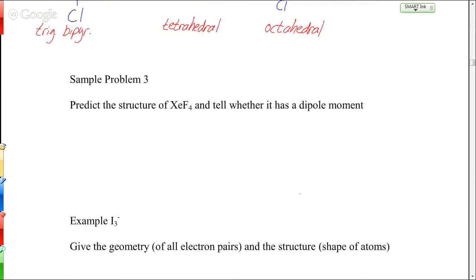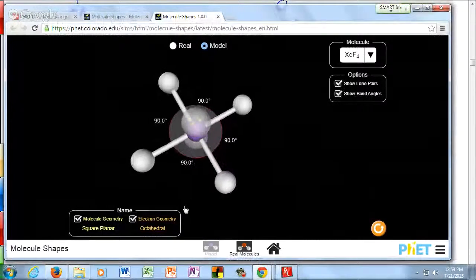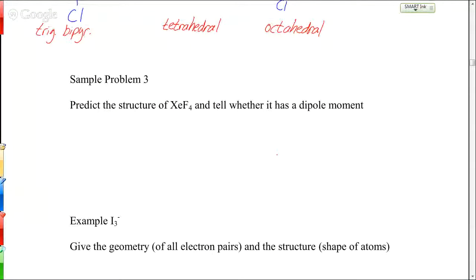And then xenon tetrafluoride, that's the one we just looked at, which is square planar. So if it's square planar, does it have a dipole moment? Let's try and see. All right, there's our square planar xenon tetrafluoride. What is the dipole moment? Or how do you calculate that?